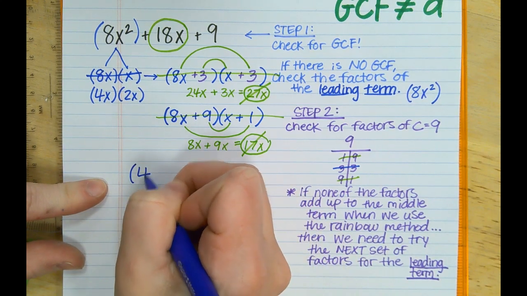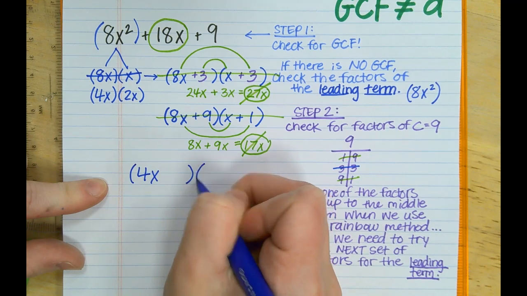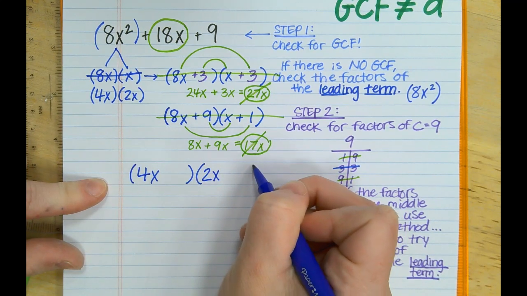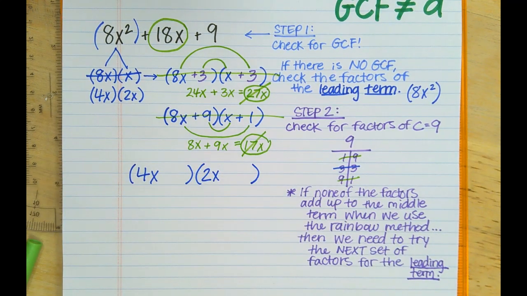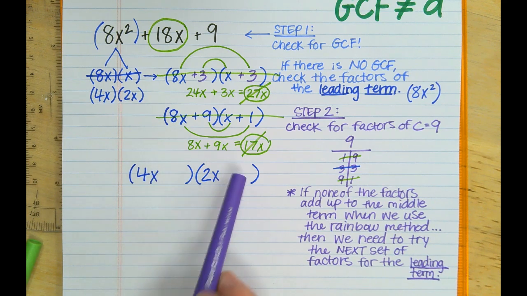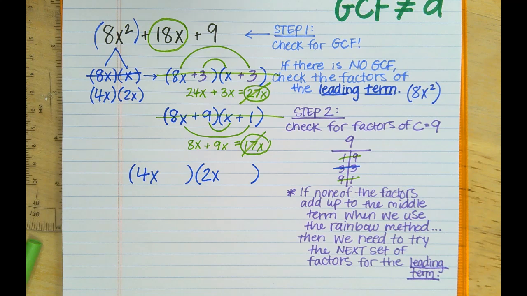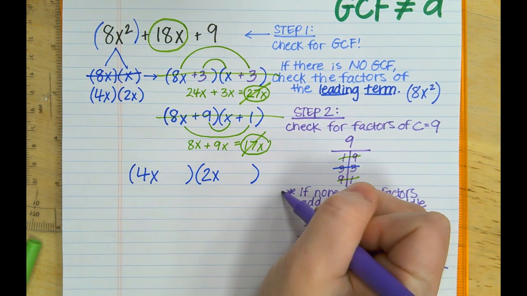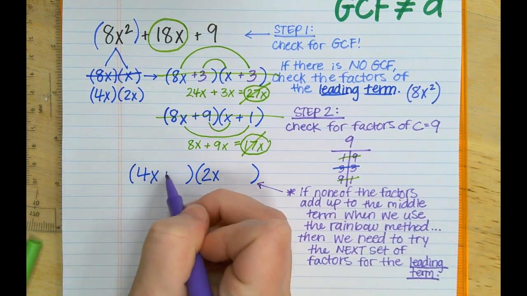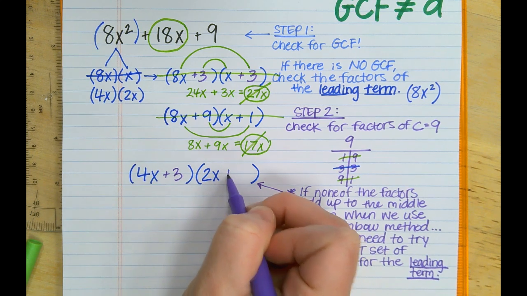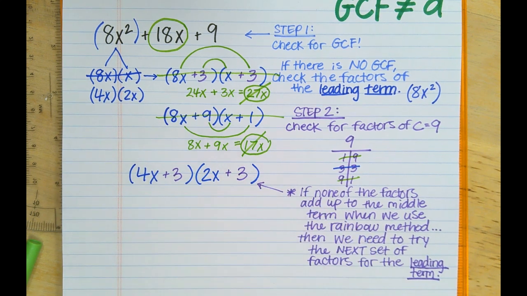So I'm going to write 4x and 2x. And we're going to try our factors of c again. What numbers do you guys want to try putting in here first? 3 and 3, sure, let's do it. Plus 3, plus 3, and we'll check it with the rainbow.